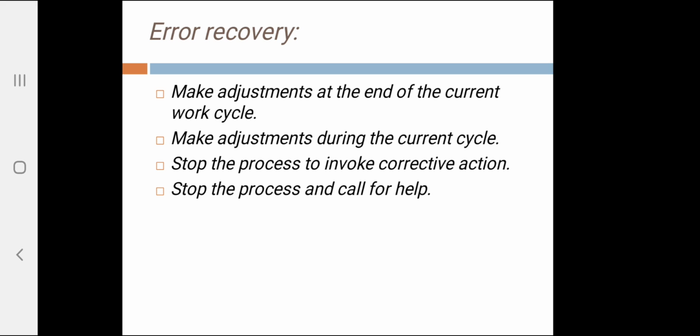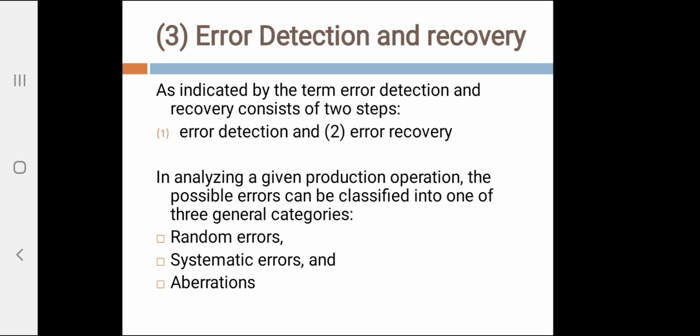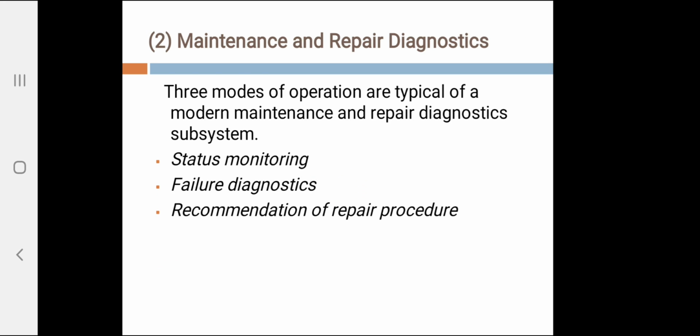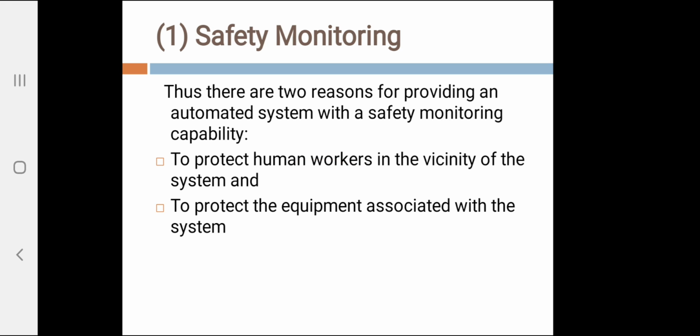Hence, error detection and recovery requires an interrupt system. When an error in the process is sensed and identified, an interrupt in the current program execution is invoked to branch to the appropriate recovery subroutine. This is done either at the end of the current cycle, type 1, or immediately, types 2, 3 and 4.